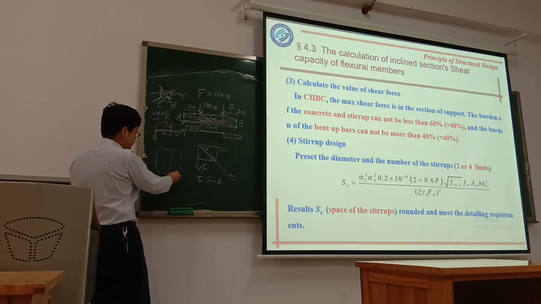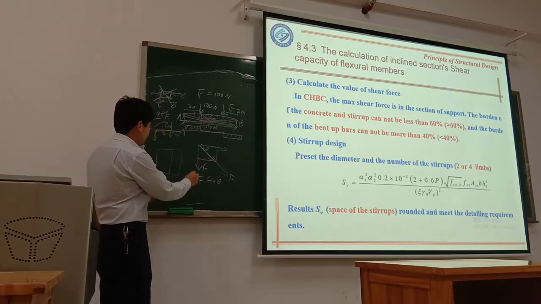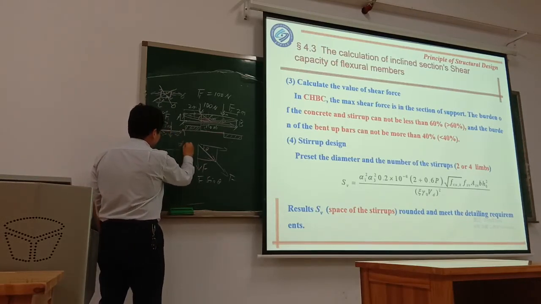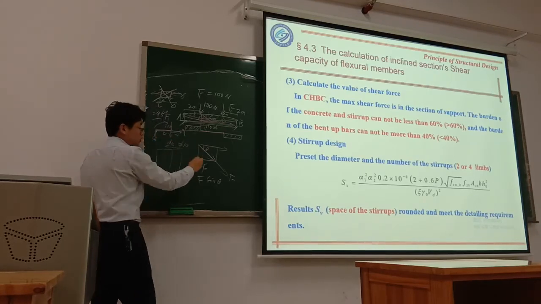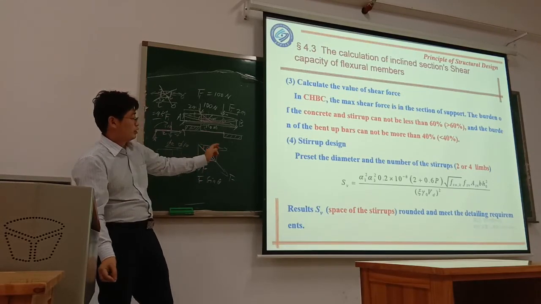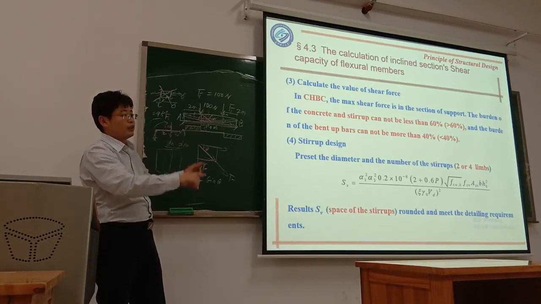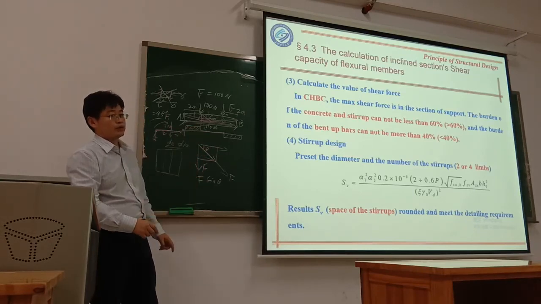So at the very beginning, you should determine whether to use 10 or 11 or something. What type of reinforcement do you use? And then you determine whether it's 2 lines or 4 lines, what type of stirrup you use.